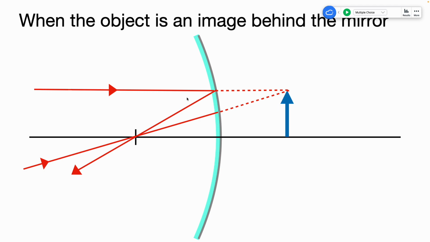So after I figure out two lines that pass through this point, I look at how they will be deflected by the mirror. For this case, if the light ray passes through the focal point, it will be reflected parallelly by the concave mirror. So your eyeball will see a light ray coming from this direction, you extend it back, and you see an image over here. Okay?